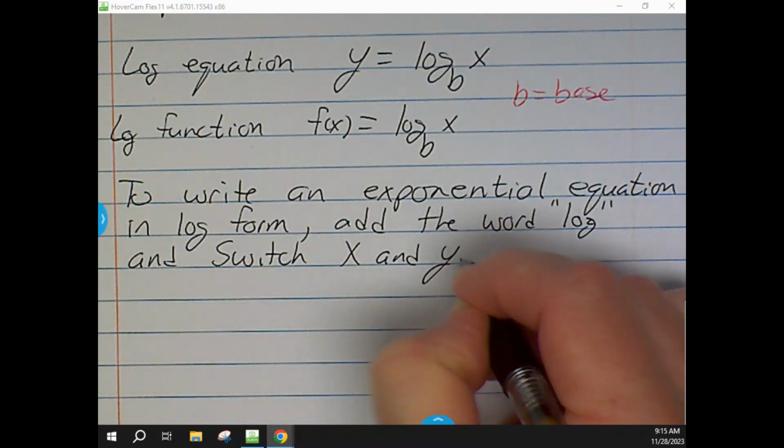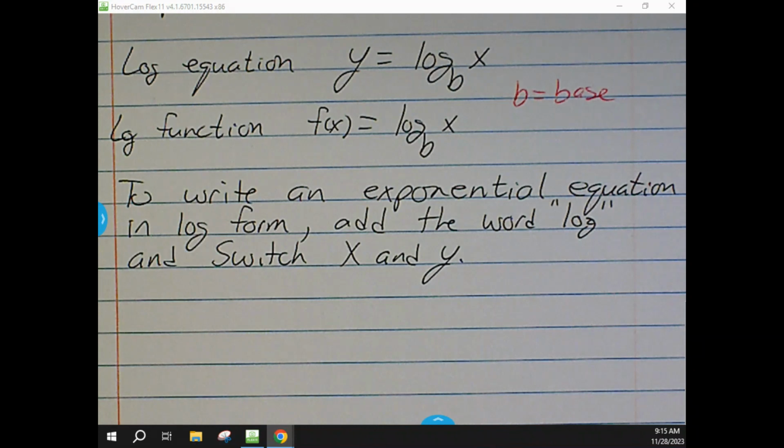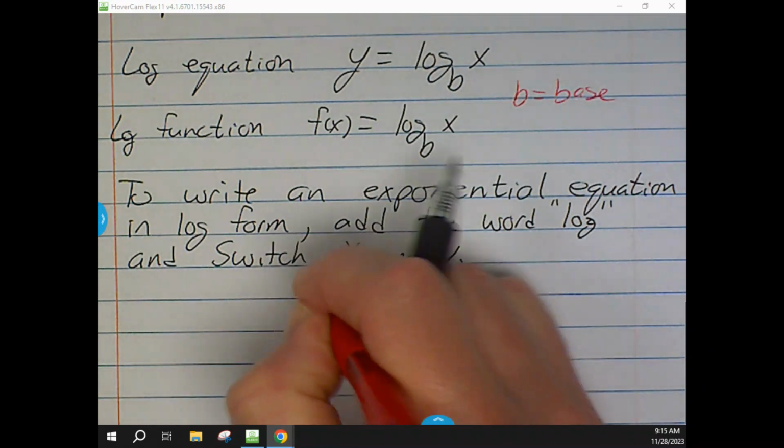Again, that's the inverse part of it. The one thing is, whenever you're working in logs and exponentials as you go through these, the base always stays the same.